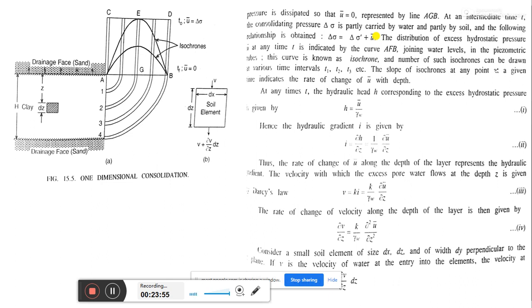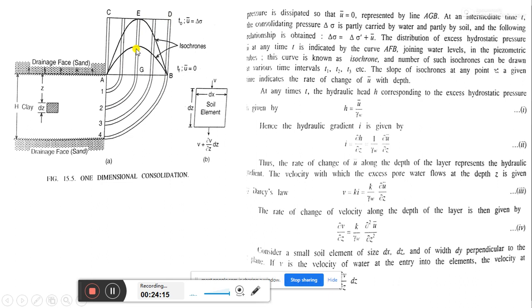The distribution of excess hydrostatic pressure u dash at any time t is indicated by the curve AFB. I think F is missing; this is F, somewhere F will be there.